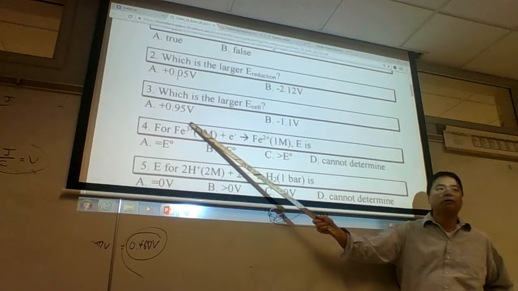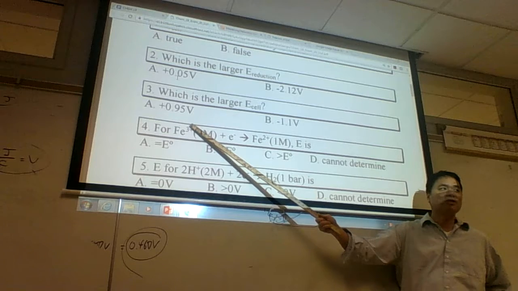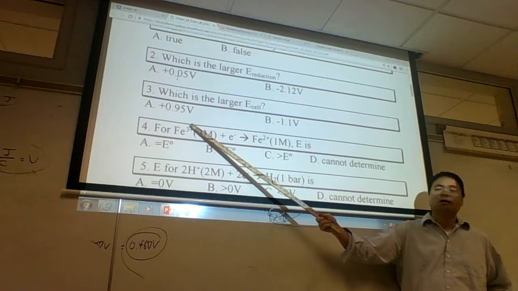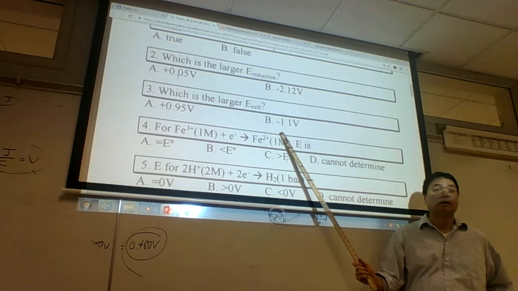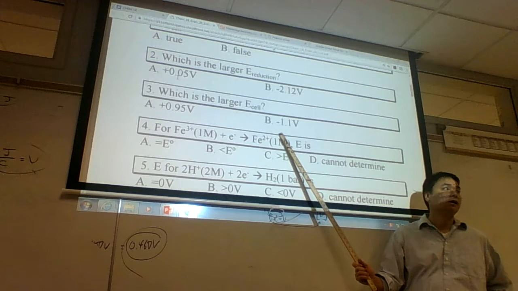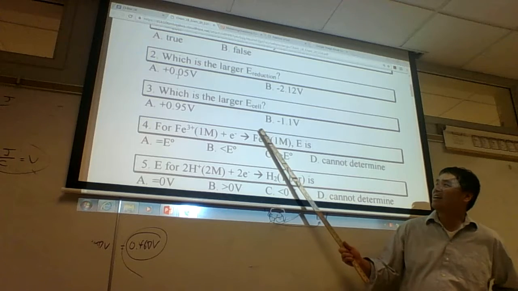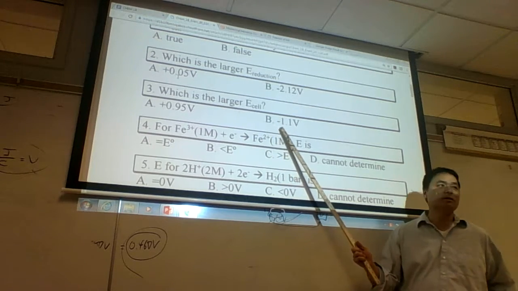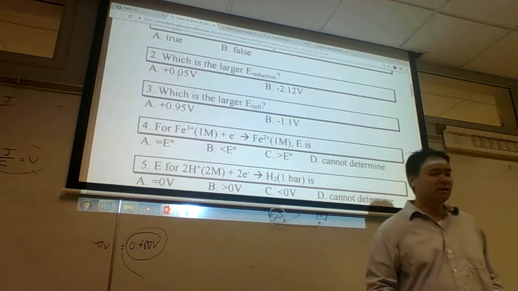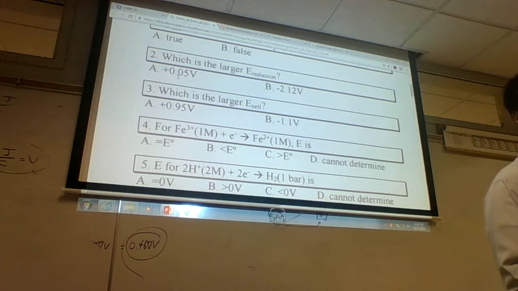3, which is the larger E of the cell? A, how many people chose A? You can change your answer now if you want. How many people chose B? The correct answer is B. B is the larger cell potential. It's just that the person who hooked up the voltmeter hooked it up backwards.